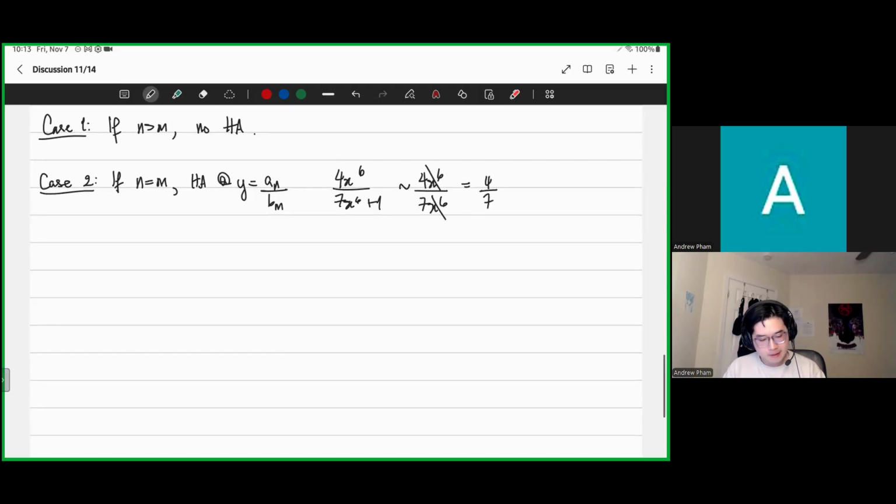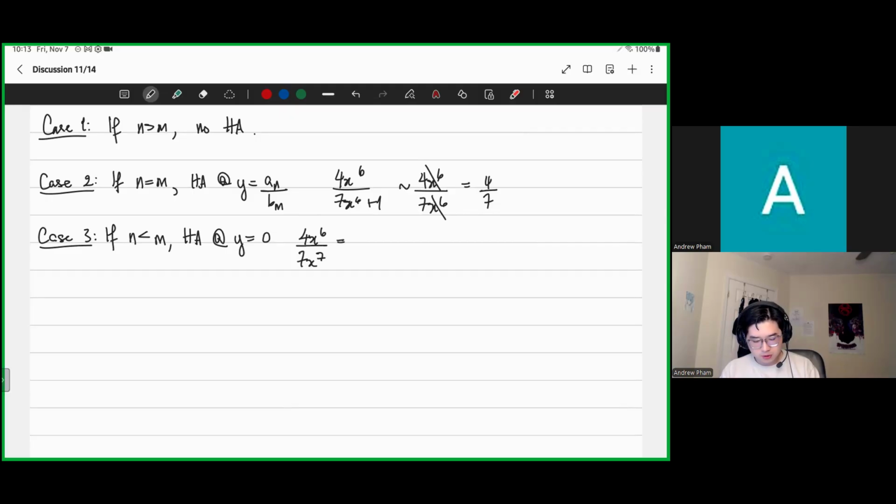All right. And then for case 3, if n is less than m, then my HA will be at y is equal to 0, as in the denominator degree is larger. So to go back, let's say I have 4x to the 6 over 7x to the 7.